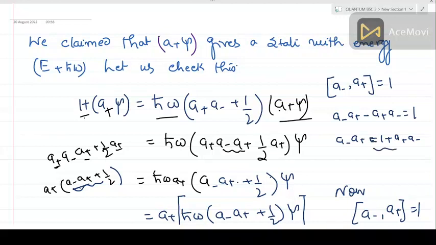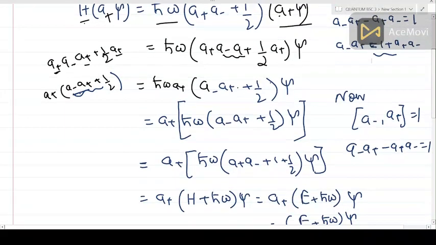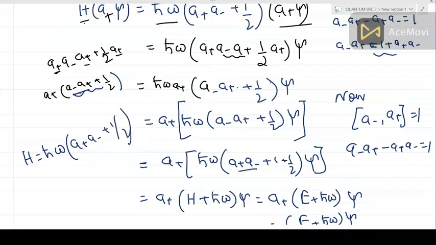So for A minus A plus here, you can write this equation, and it becomes A plus A minus plus 1, and plus 1 by 2. Now observe carefully that h bar omega times A plus A minus plus 1 by 2 is the Hamiltonian itself. We had defined the Hamiltonian as h bar omega times A plus A minus plus 1 by 2.